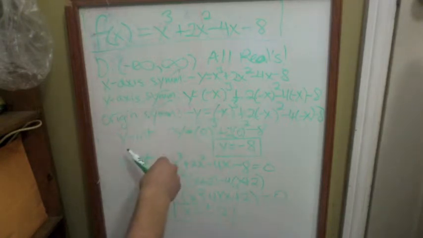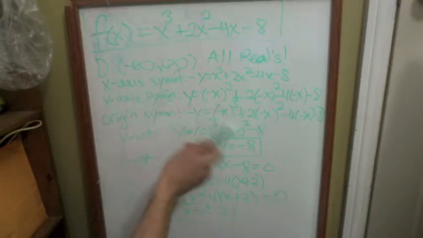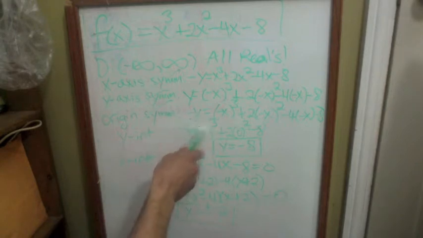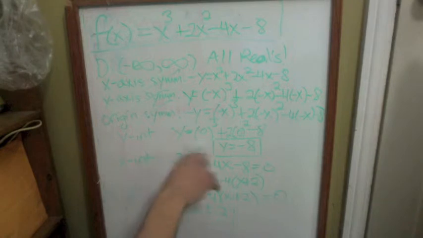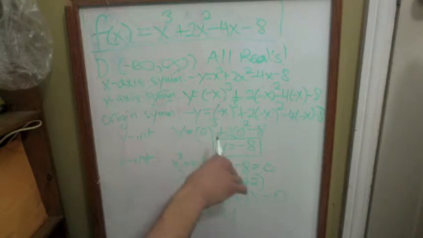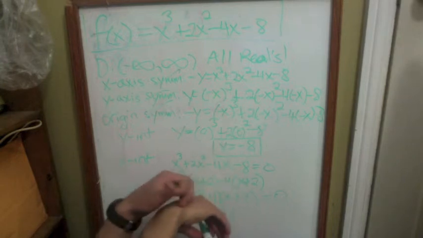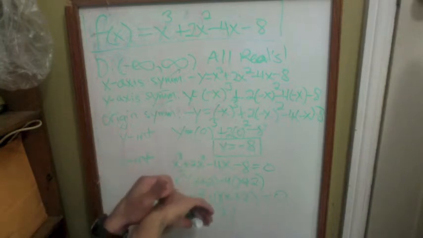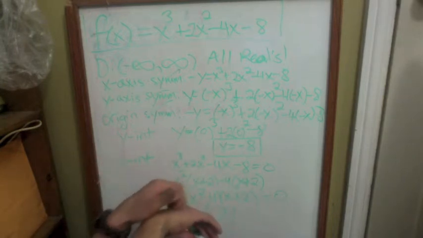Now let's try for the origin symmetry. We'll put in a negative y, and then we'll have a negative x. We'll get something close to it. You can do it out yourself, and you might get something very close, but it's not going to work at all. So no symmetry for this function.